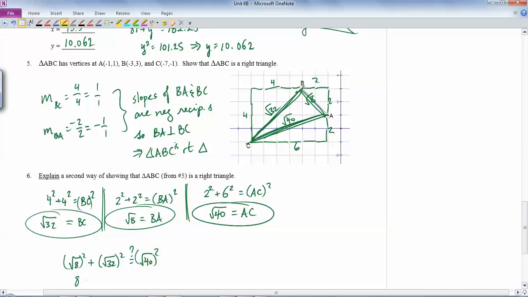Well, root 8 squared is 8. Root 32 squared is 32. And root 40 squared is 40. And 8 plus 32 is 40. So since the sides work in Pythag, triangle ABC is a right triangle.